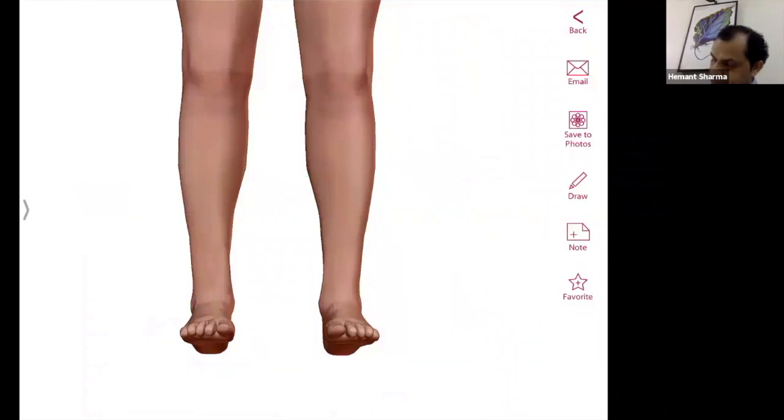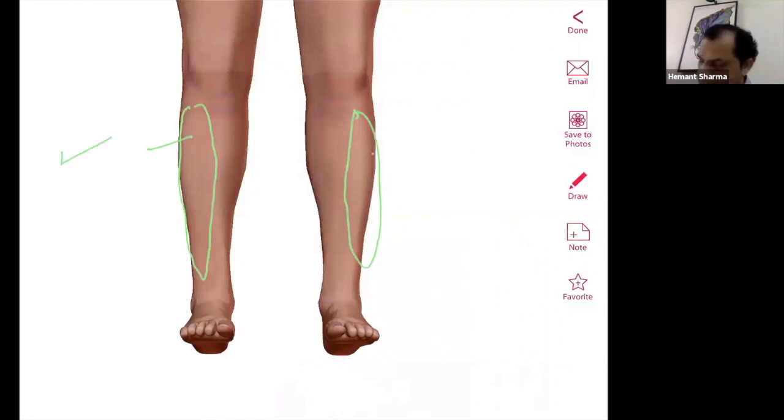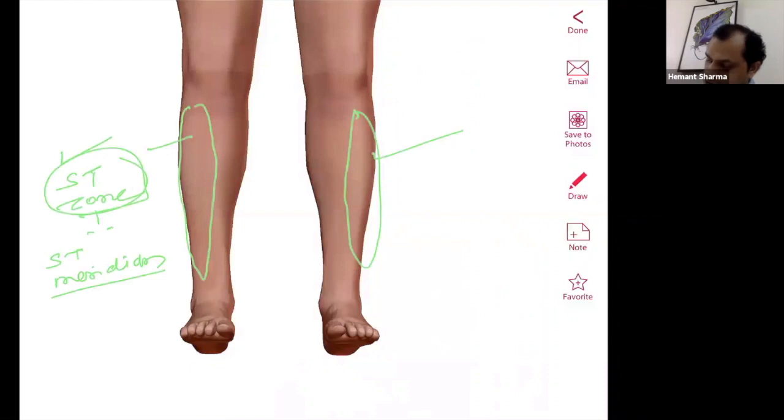Now, take this whole stomach side. If you do something here in the stomach zone, as we call it, it affects the whole stomach meridian. Now, what is the stomach meridian?